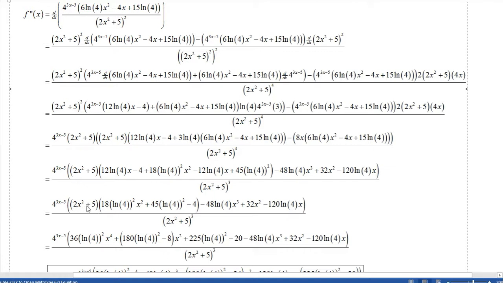The 2x squared times this is negative 8x squared. This is plus 90 ln of 4 squared x squared. And then we get the 5 times the 18 ln of 4 squared. So if you put all that together, combine that together, you get this right here as the coefficient of the x squared term. And then you got the 5 times these two guys here is a constant term.